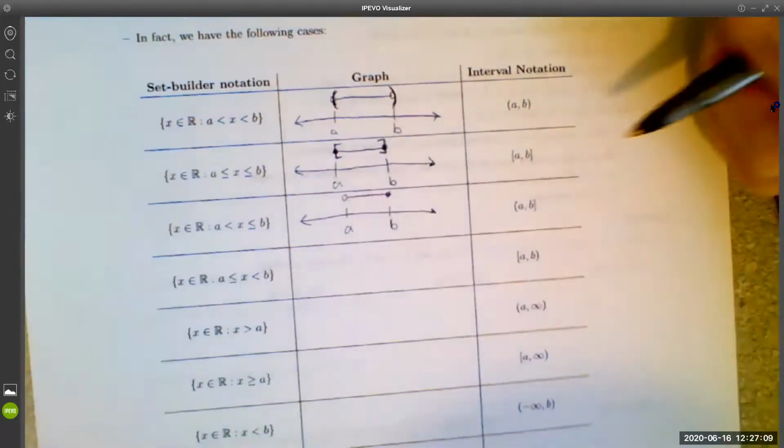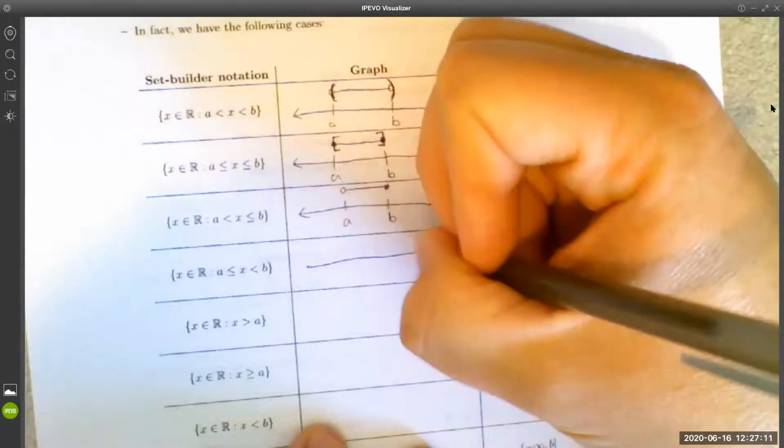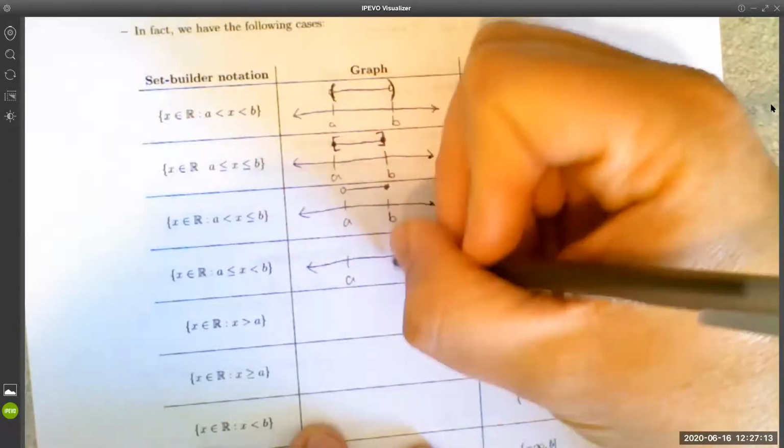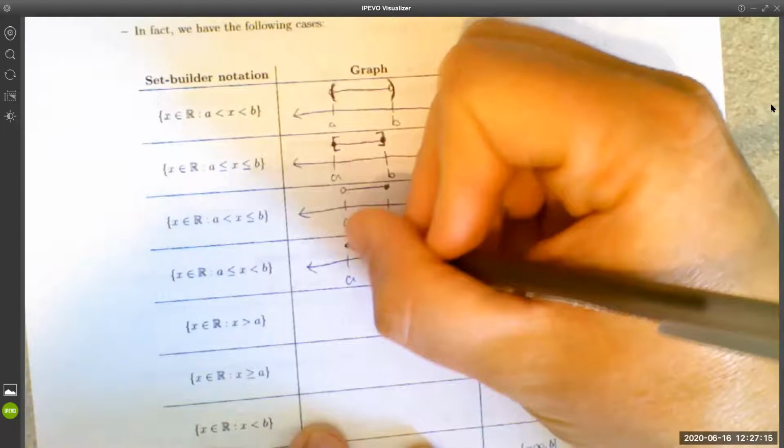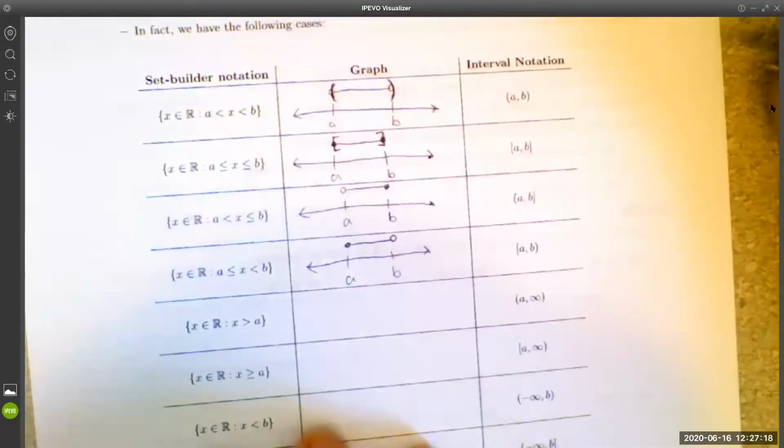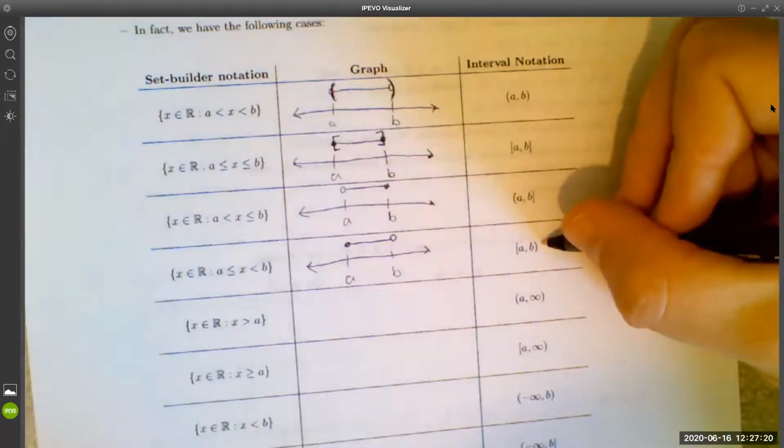Same thing with the next one. The graph would look like this. And the interval would look like that.